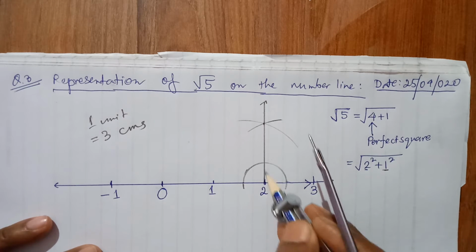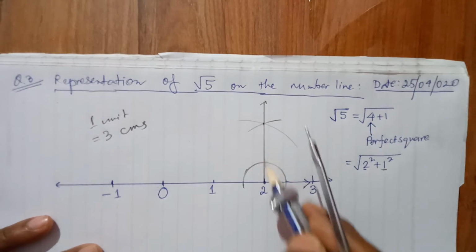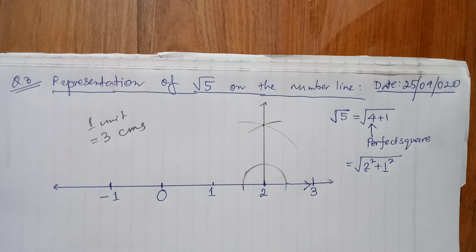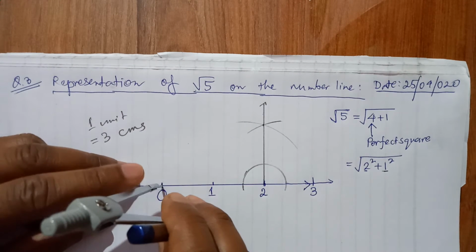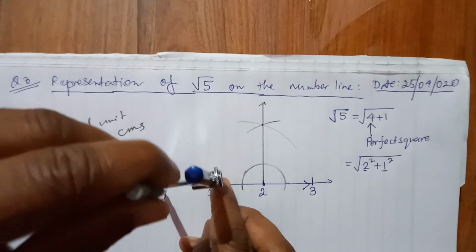So here also I have to make a perpendicular of 1 unit, that means of 3 centimeters. You can measure one division with the help of your compass.